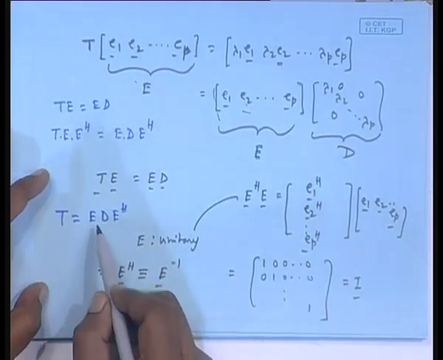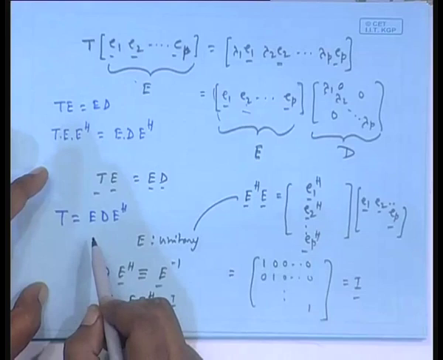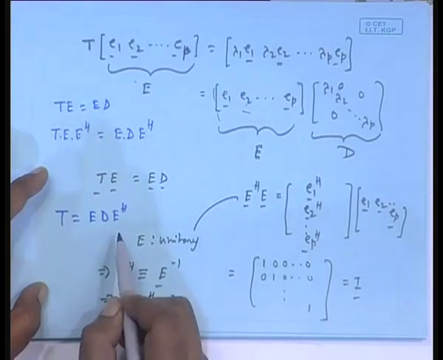E consists of eigenvectors, and E is a unitary matrix here.